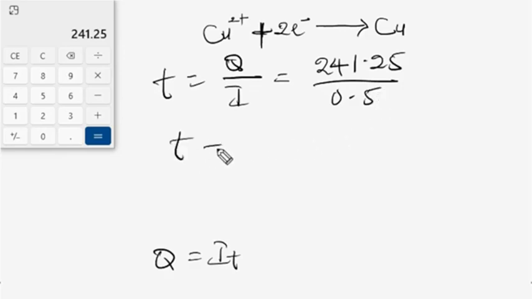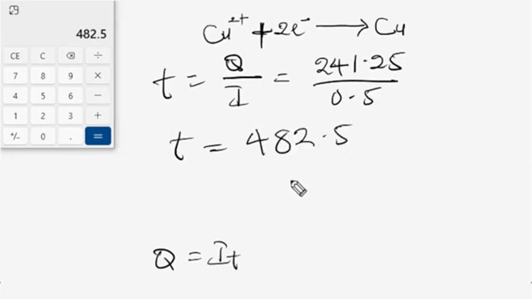So remember that t is going to be in seconds, so you're going to divide this by 0.5, and that's 482.5 seconds.